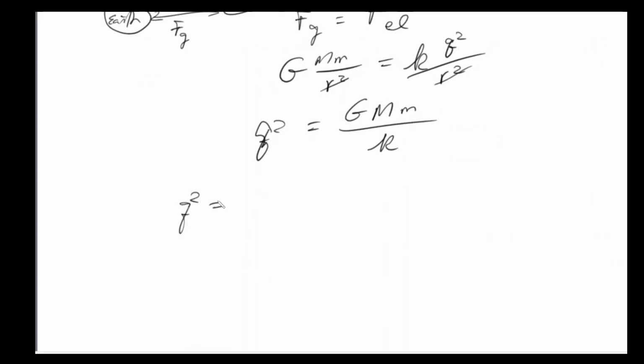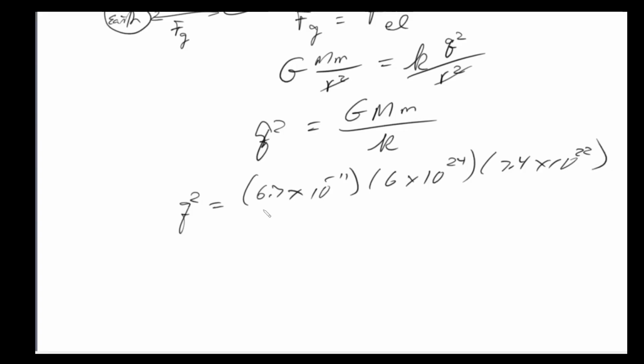So Q squared is equal to G, which is 6.7 times 10 to the minus 11, that's the gravitational constant, times the mass of the Earth, which is 6 times 10 to the 24th, times the mass of the Moon, which is 7.4 times 10 to the 22nd power, over K, which is 8.99 times 10 to the 9th.